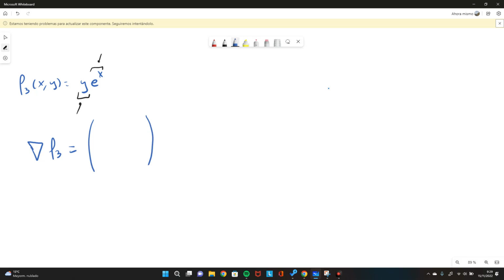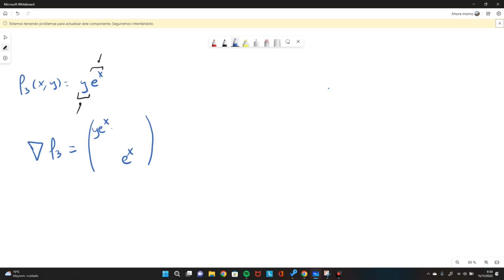So when we actually apply the derivative of x, this is e to the power of x times y as a constant. And when we do the other way around, this is y, which just becomes 1 times e to the power of x. And so here we just have e to the power of x, just like that.